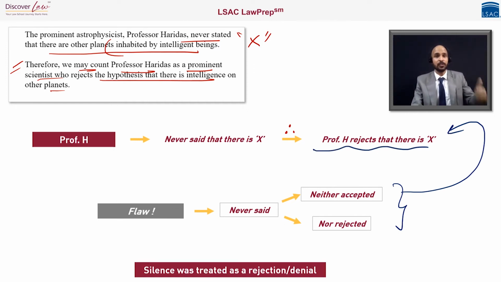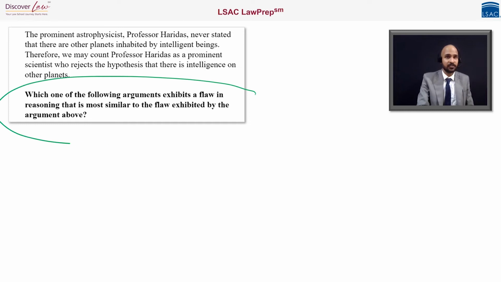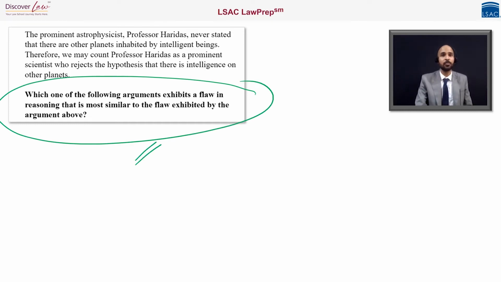Okay, so silence, his not having said anything, was treated as a rejection, and this is the flaw. So now when you're looking for the options, let your attention first be to find the option that reflects a similar flaw, and a plus point would be if you can also find a similar structure of the overall argument. Okay, let's go ahead and look at the options.